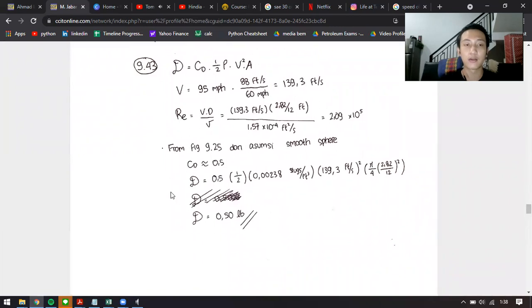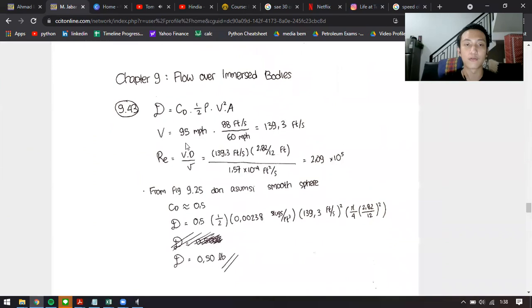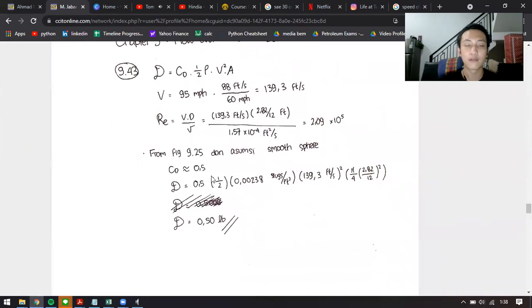Moving on, we can calculate the drag force using 0.5 times 1 per 2, times 0.00238 slugs per cubic feet, which is the density of air, times 139.3 feet per second squared, times a quarter of π times 2.82 per 12 squared.